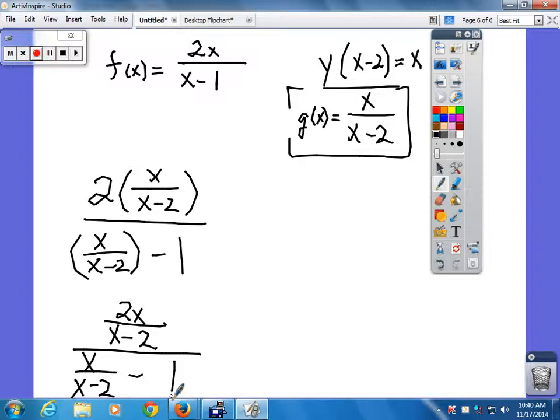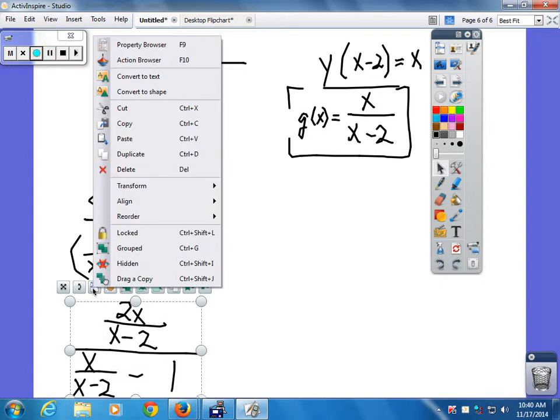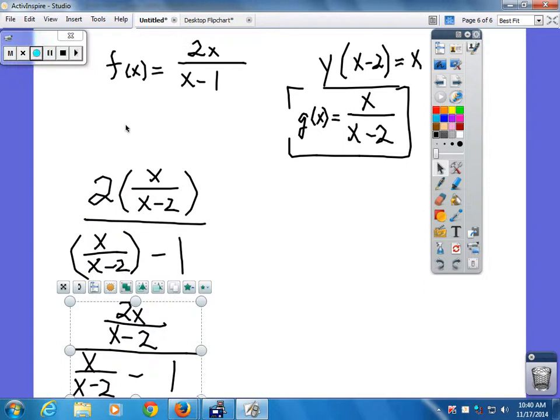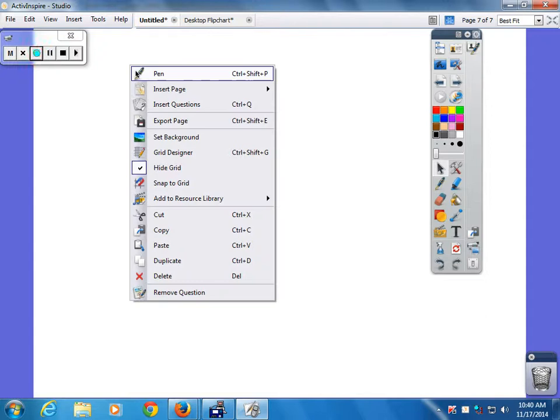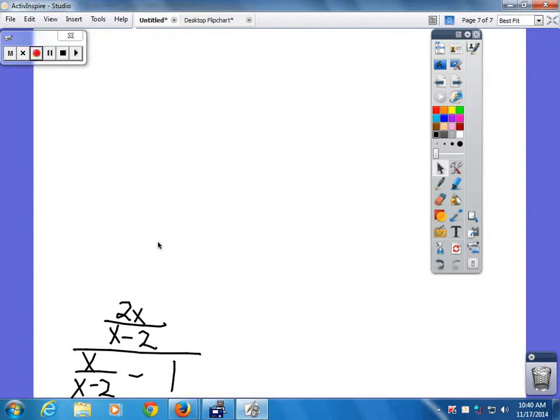So what I'm going to do is copy this and go to the next page. Copy. And move to the next page. Okay, so here we go.